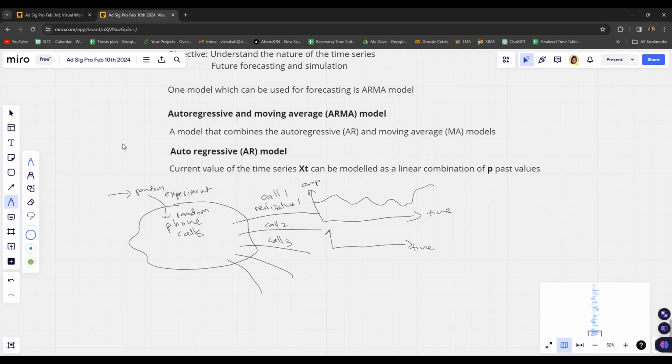For all the different calls, you can do the same thing and plot amplitude versus time.